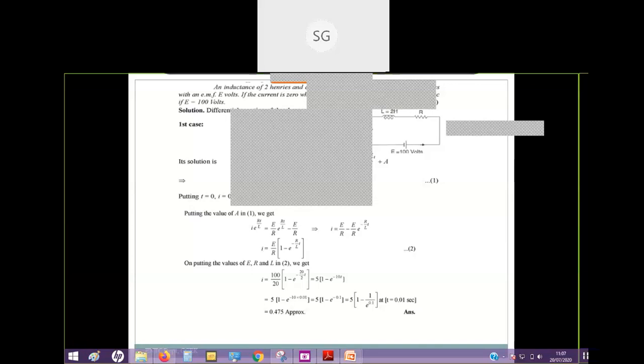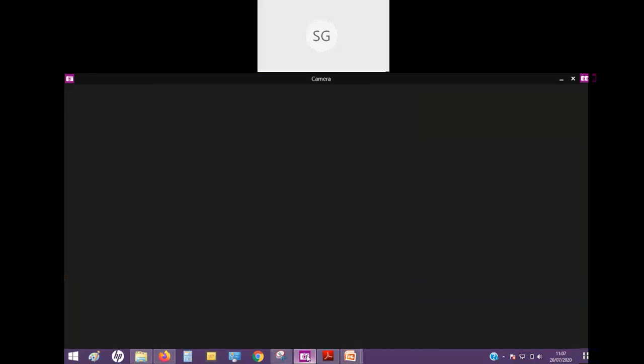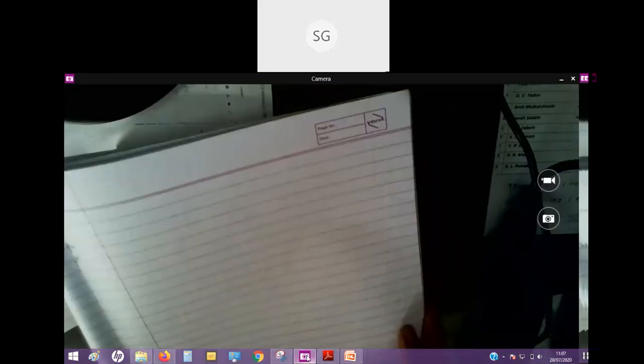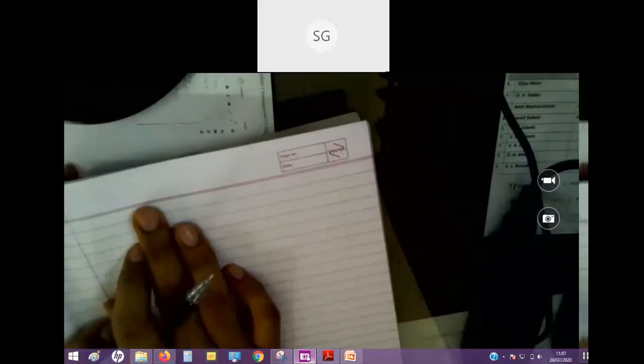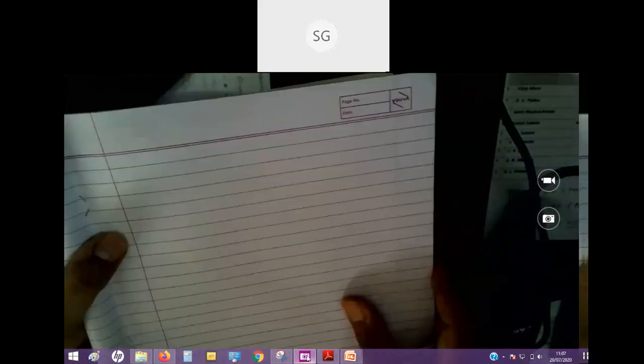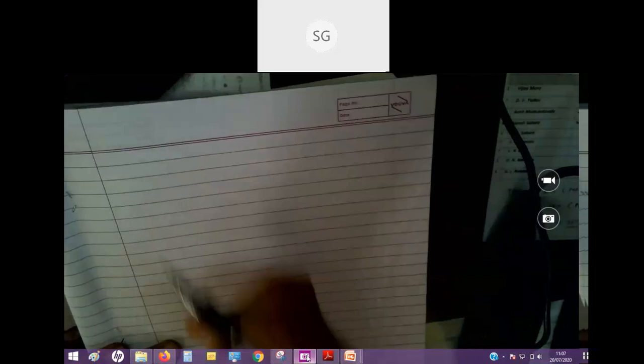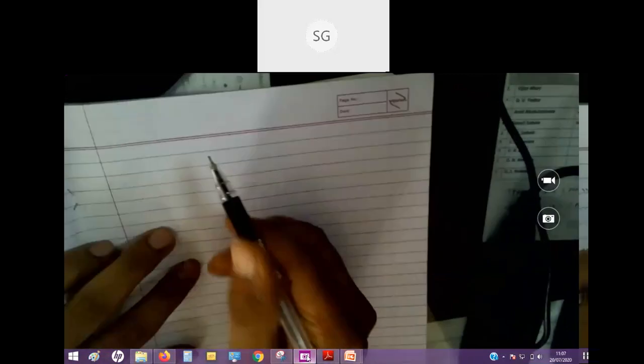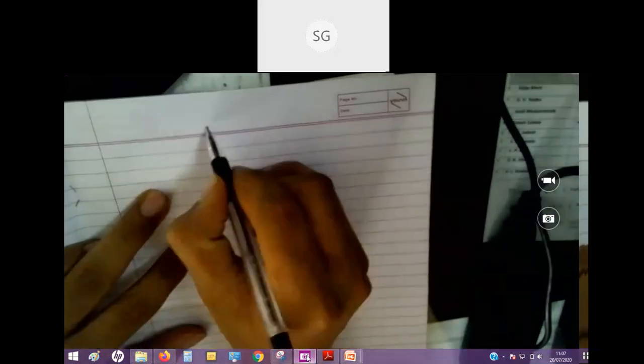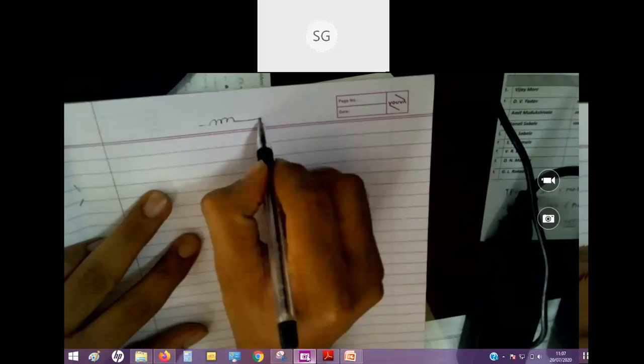Correct. Now we'll try to solve this question using pen and paper. Is this notebook visible to you? Please tell me. So I am drawing here. L is equal to 2 Henry.